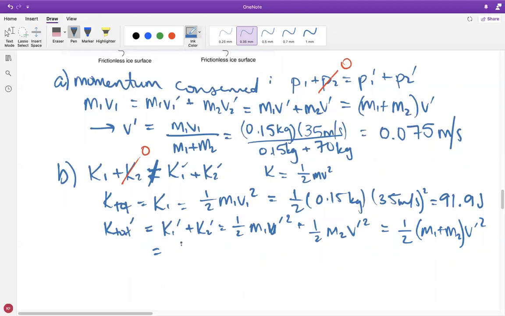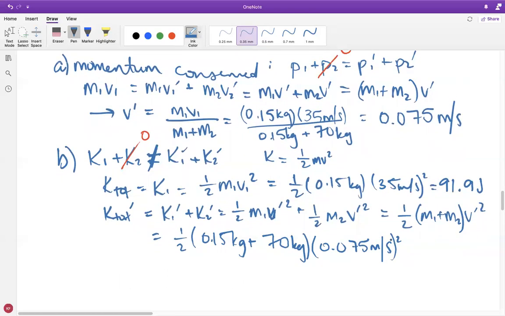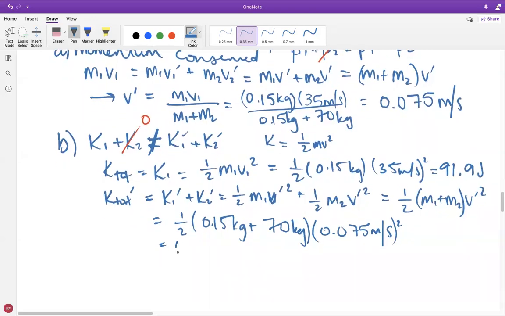That is 1/2 times 0.15 kilograms plus 70 kilograms, times 0.075 meters per second squared. We get 0.197 joules.